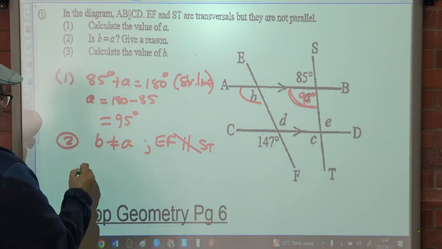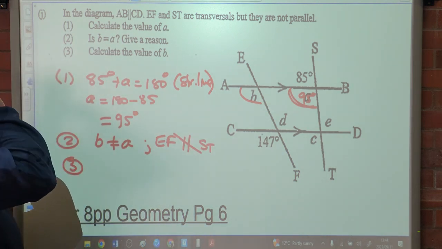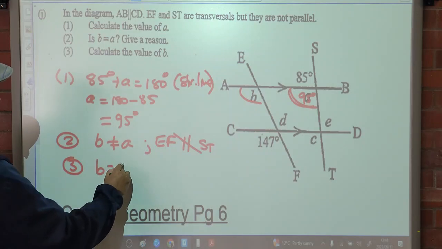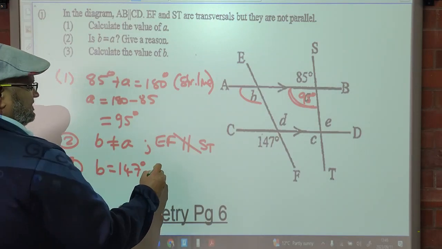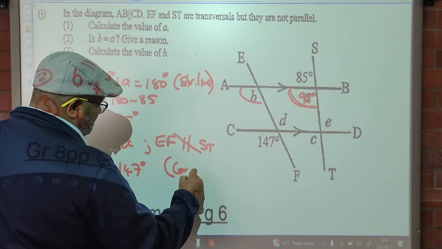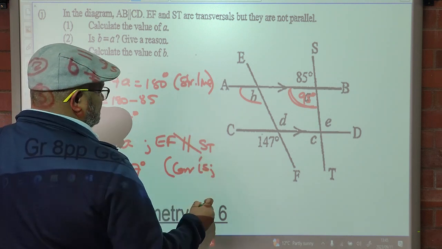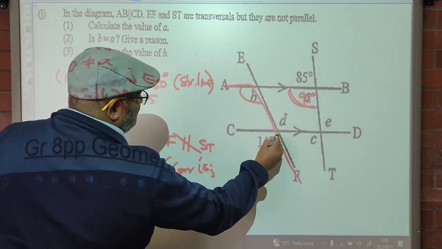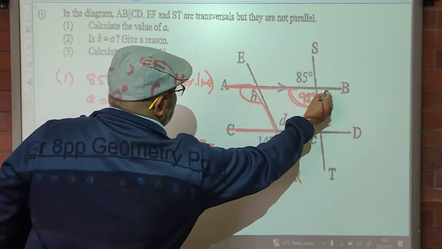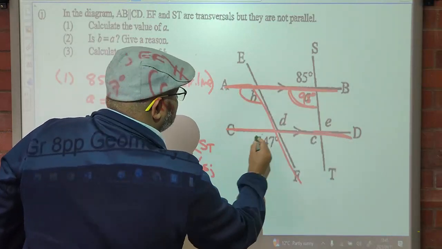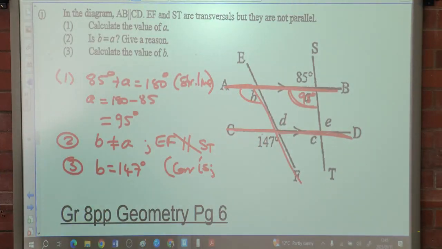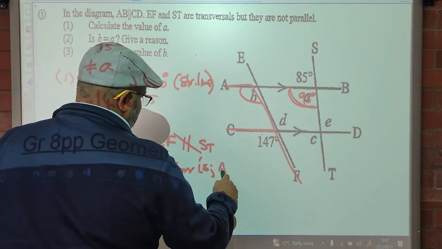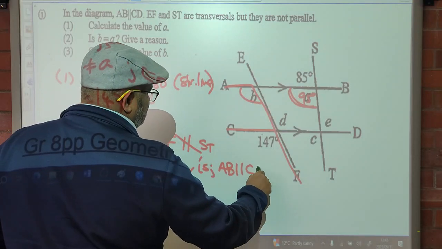Okay, let's look at 3. It says, calculate the value of B, and B is 147. Why? Because of corresponding angles, if you look at the F being formed like that, with AB parallel to CD. You see that, people? So AB is parallel to CD.